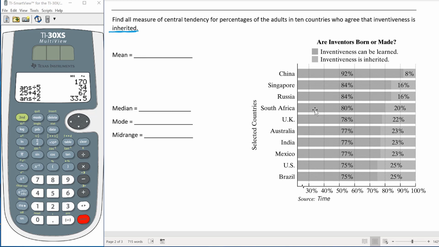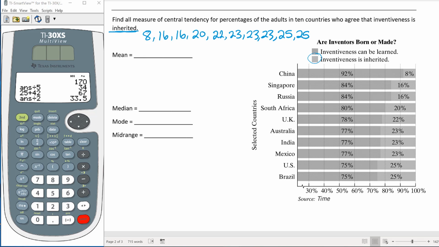So in China, looking at the lighter value, 8% of people think inventiveness is inherited, and then we keep going and pick all of the light values: 16, 16, 20, 22, 23, 23, 23, 25, and 25.